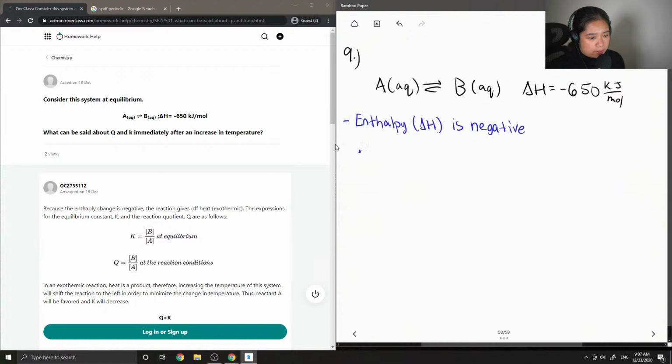So this tells us that the reaction is exothermic. So when we have an exothermic reaction, that means heat is produced, or heat is a product.